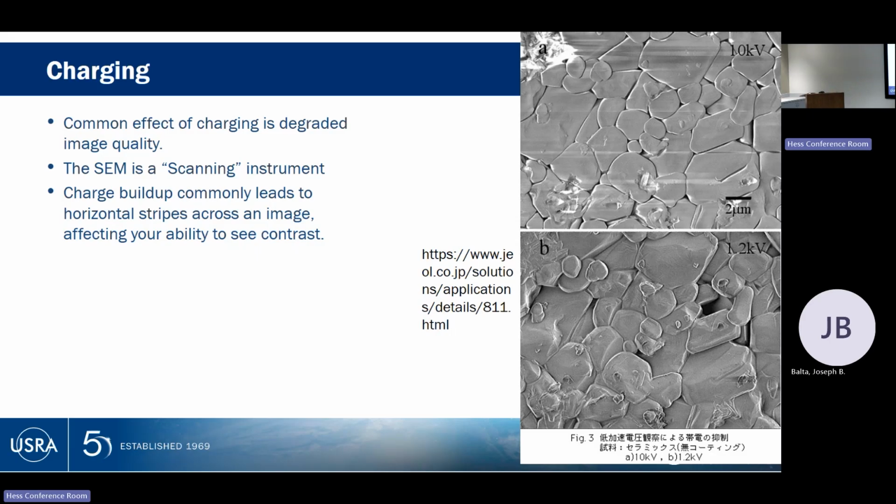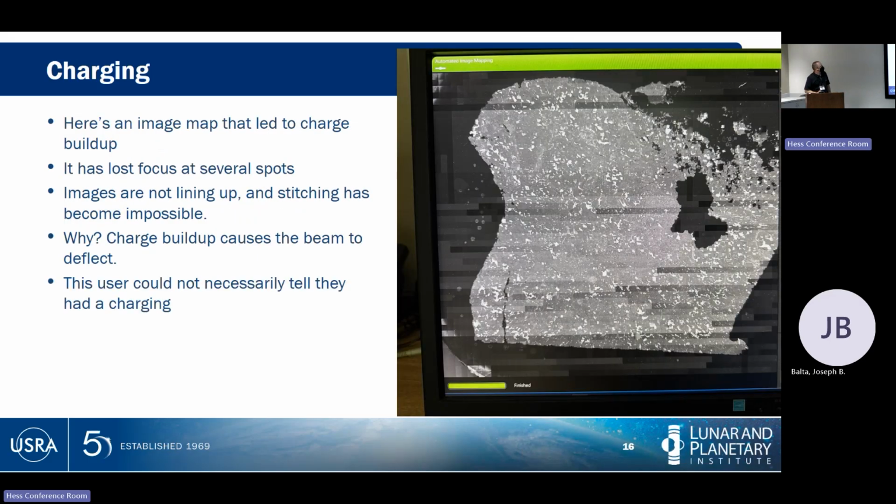The SEM is a scanning instrument, so it's literally stepping down and scanning across with a certain amount of dwell time at each pixel. So if you're building up a bit of charge at one spot, as it scans across, it sees that, and you get this horizontal banding matching the scanning pattern. Obviously, this is not a publishable image if you have this amount of charge buildup.